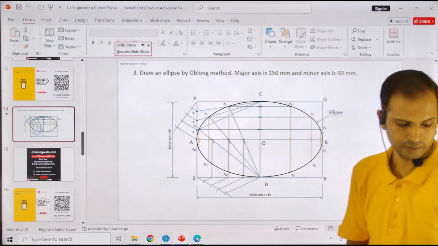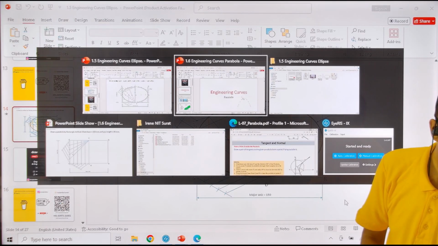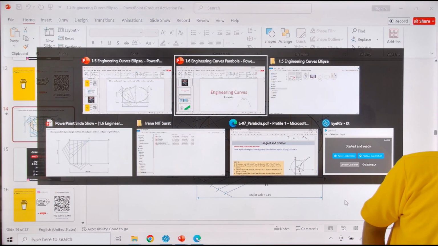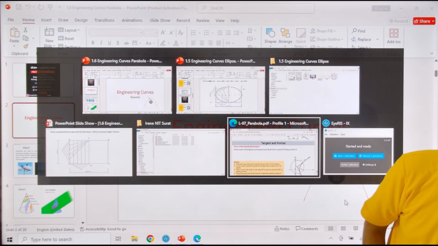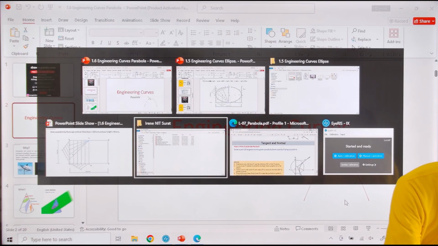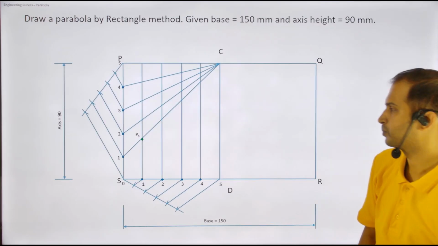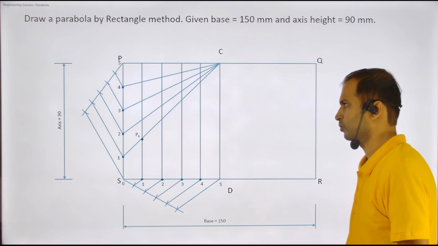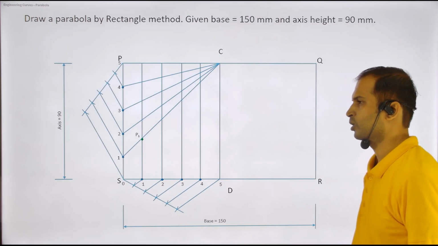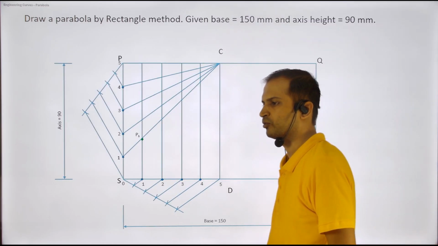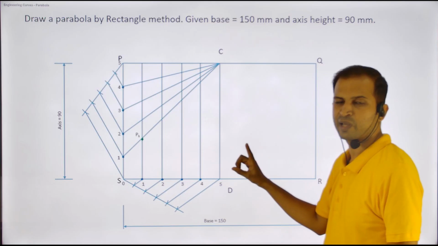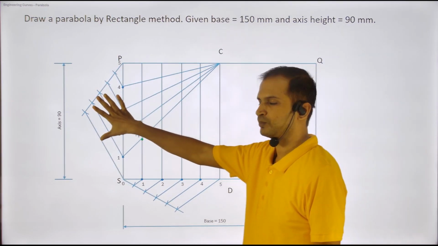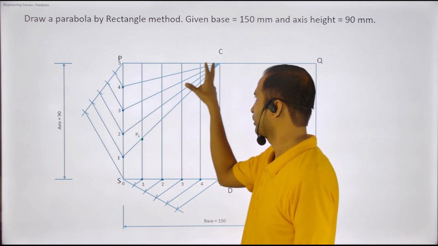In the parabola, if you observe, the parabola's eccentricity is 1. We'll see that method. So you can see there are differences between the ellipse and the parabola. This part is the same.